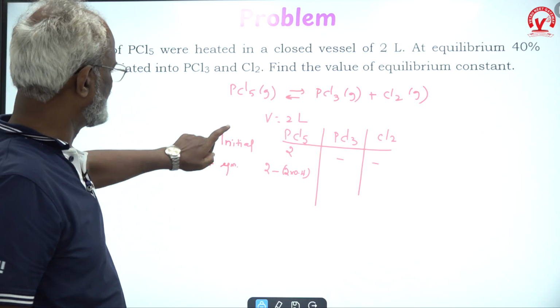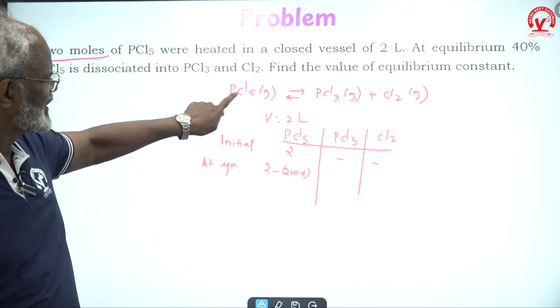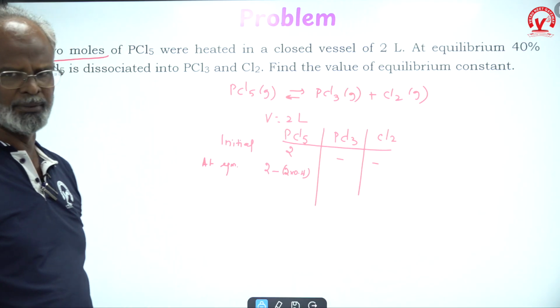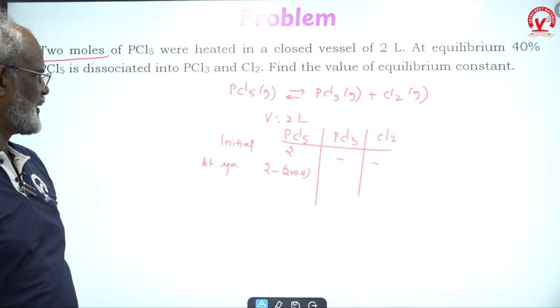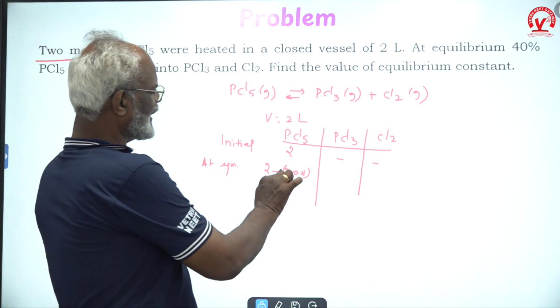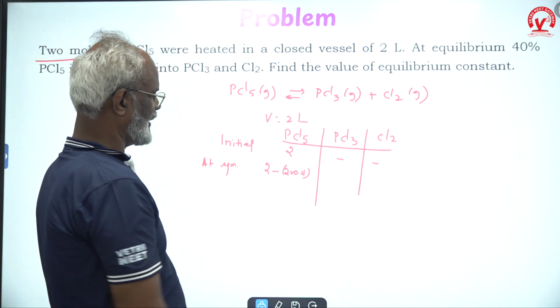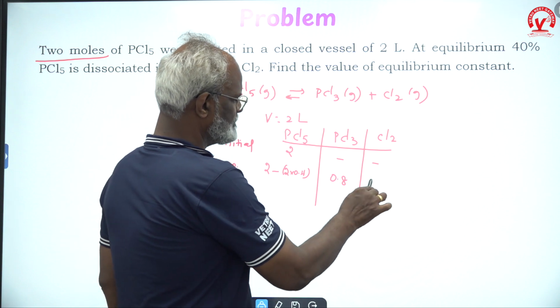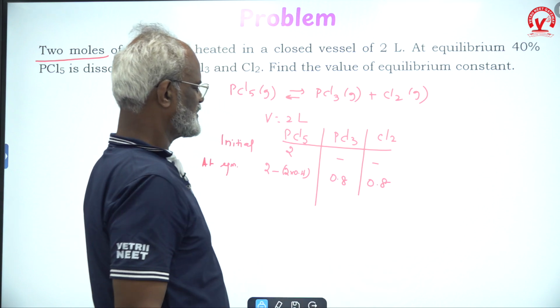From the equation, if 1 mole of PCl5 is dissociated, you get 1 mole of PCl3 and 1 mole of Cl2. That is the stoichiometry. Here 2 into 0.4 moles dissociated. Therefore, you get 0.8 moles of PCl3 and 0.8 moles of Cl2.